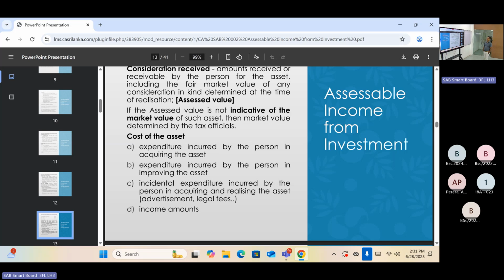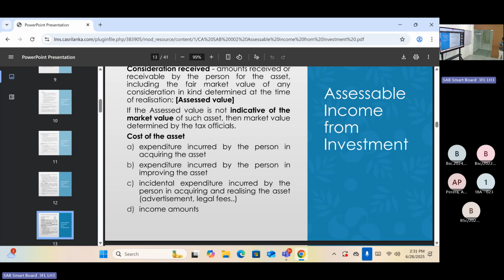Incidental expenditure incurred by the person in acquiring and realizing the asset. Incidental expenditure means any subsequent expenditure incurred in the acquisition or disposal of the asset. Any income amount shall also be considered as part of cost.